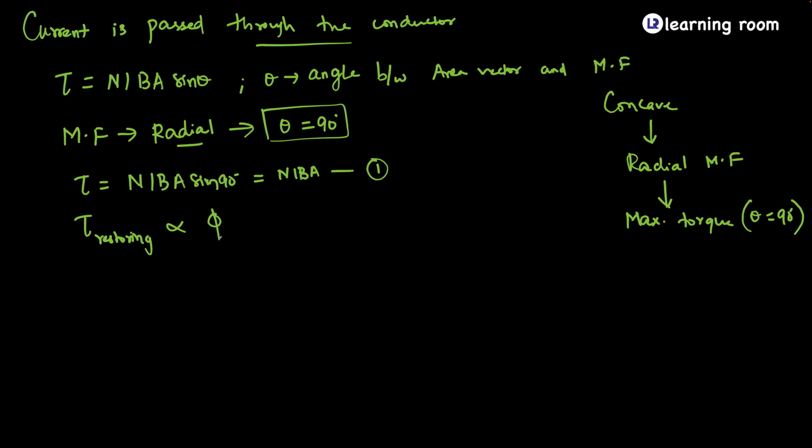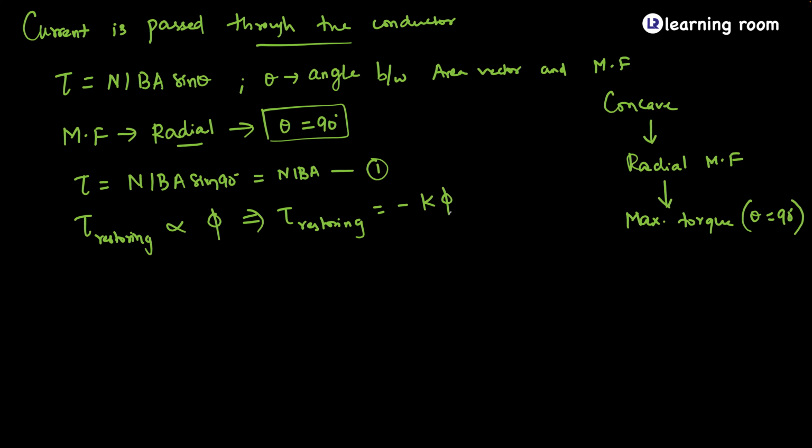So what am I trying to say is the restoring torque is directly proportional to the angle of deflection. Right, you're able to see with respect to this initial point, how much is going to be the deflection that will take place. So if I remove the proportionality symbol, the restoring torque is equal to minus k times phi.